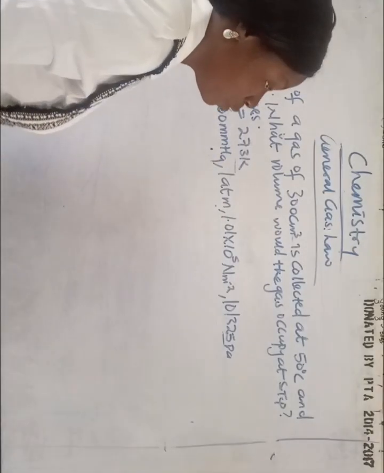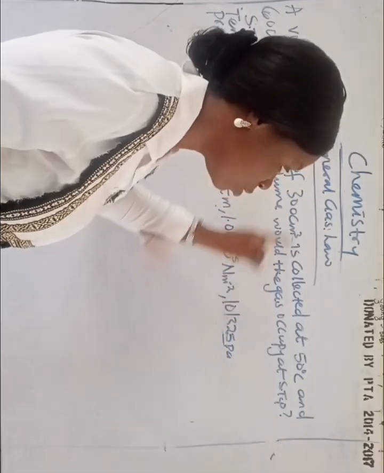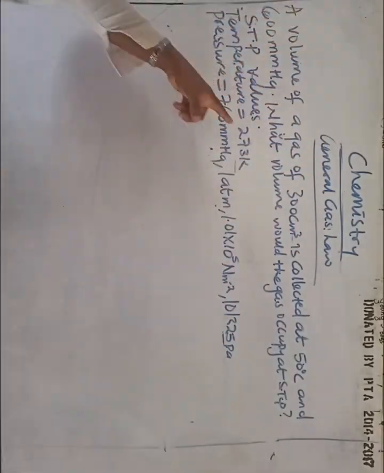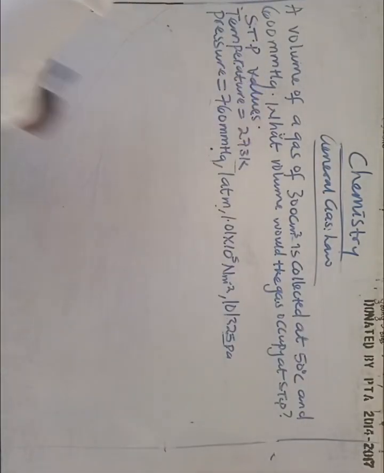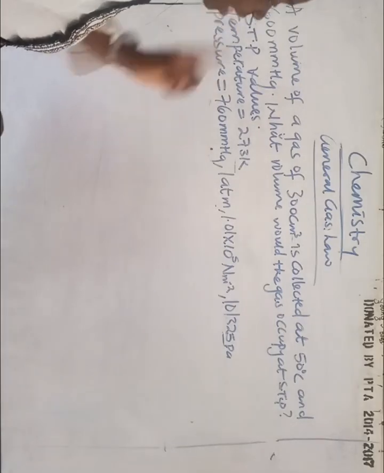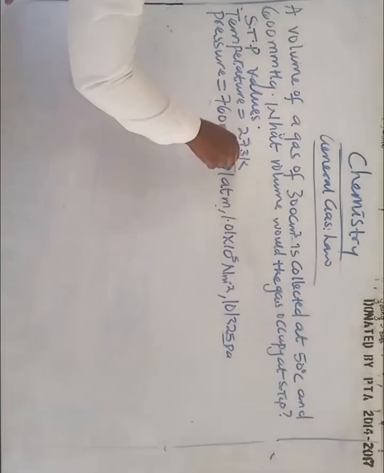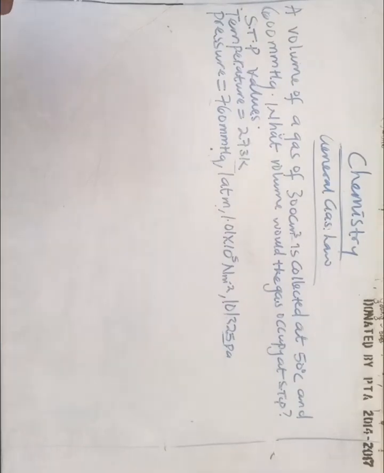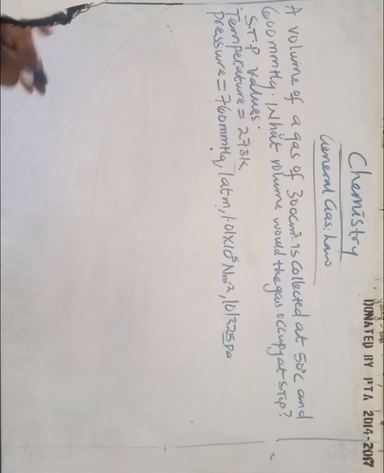Even if they have given you the first one in Celsius, you need to convert to Kelvin by adding 273. So the temperature at STP is going to be 273.